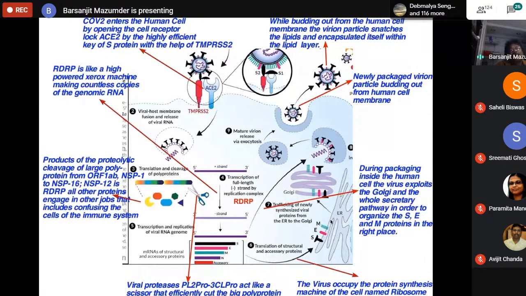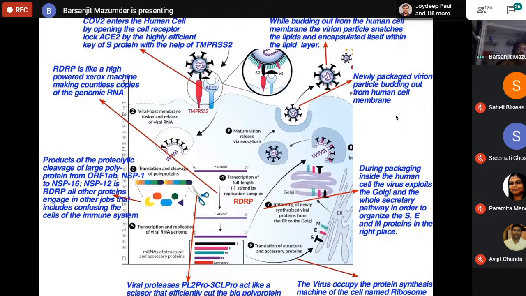So replication and transcription are going on, and then all of the messenger RNAs will be made, meaning the messenger RNAs of the S, E, M, and N proteins. These proteins will be translated and immediately go through the ER-Golgi pathway. The virus hijacks the ER-Golgi pathway of the host cell and sends those proteins right to the membrane, aligning them there so that when the baby virus is ejected from the cell, it gets this membrane-assigned protein right away, equips itself with S protein again, and is ready to infect another cell.